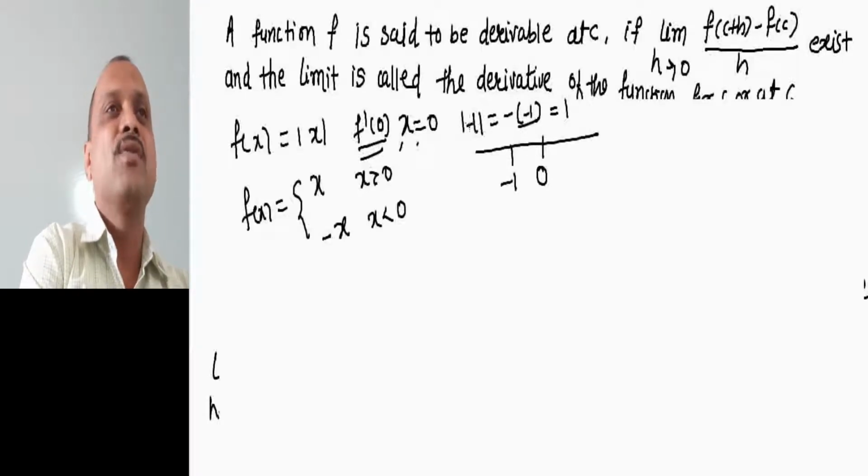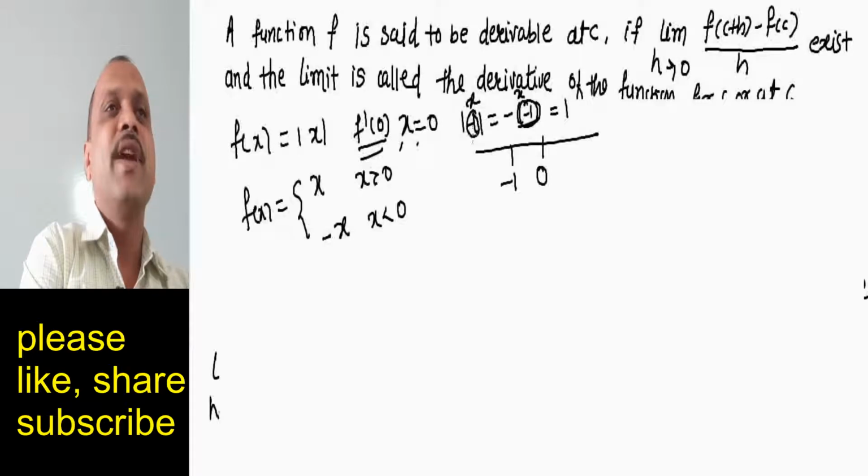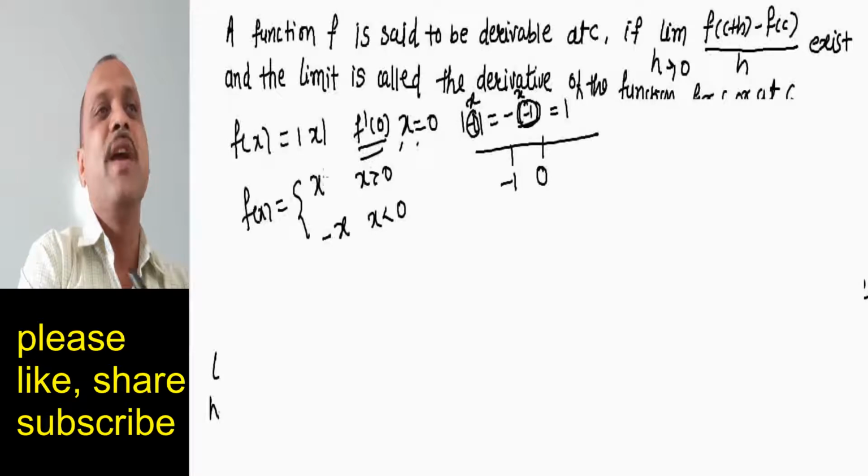Here, instead of x I have written minus 1. Whenever x is negative, we multiply by a minus sign to get a positive value. So this function has two values, positive and negative.